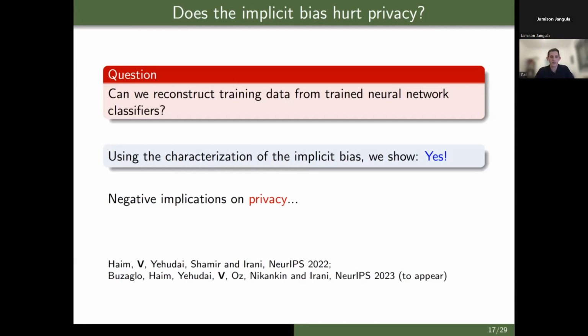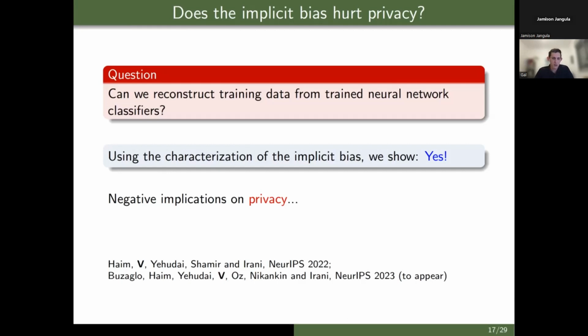And we will show that it is possible, and in order to do it, we will use the results about the implicit bias toward margin maximization, and we'll show how we can use it in order to construct training data.